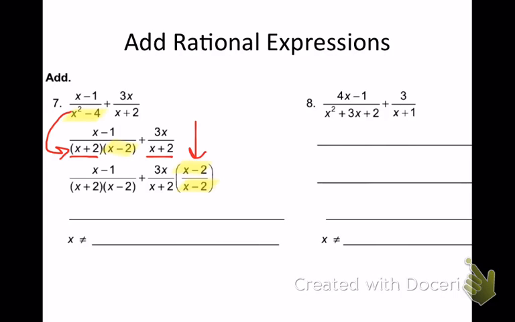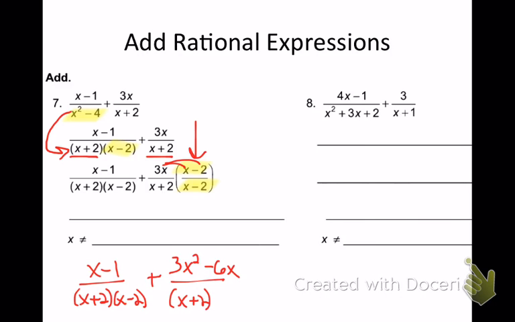And then I'm going to distribute. So I get x minus 1 over x plus 2, x minus 2, plus 3x squared minus 6x over x plus 2, x minus 2. Does everybody see where I get the 3x squared minus 6x? That comes from distributing. And now I'm just going to combine like terms. See my denominators, they're all the same now? So now I'm going to combine like terms.